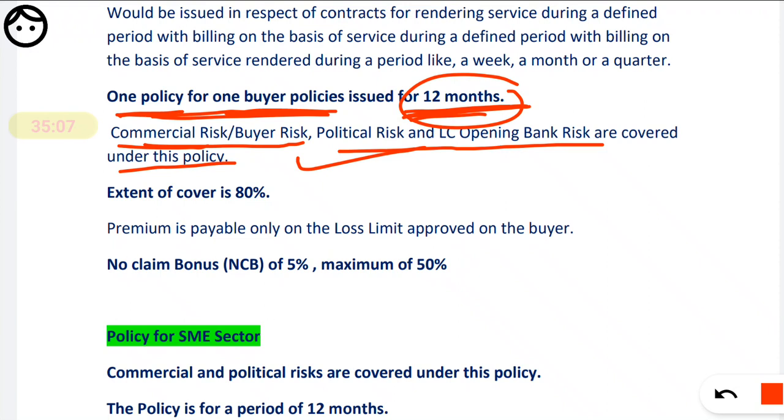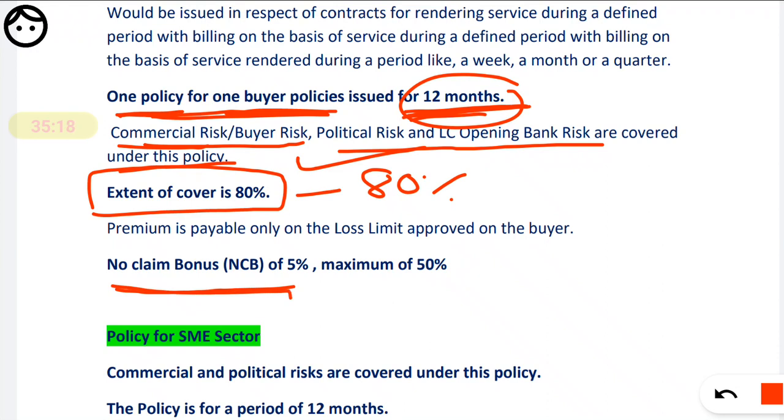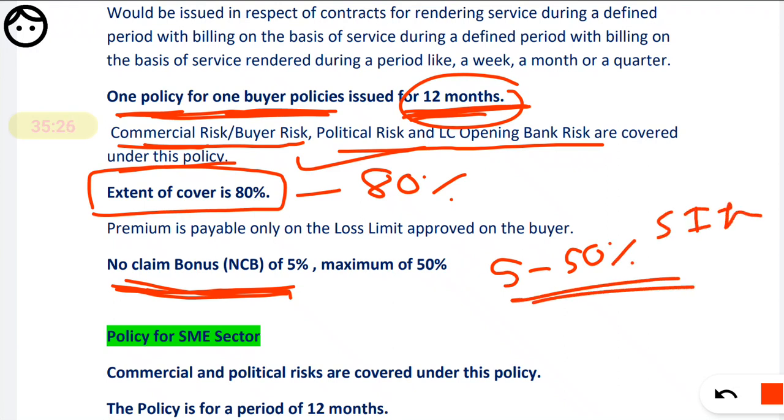The maximum cover is 80%. And if no claim is received for the insurance, there is a bonus called the no claim bonus. It ranges from 5 to 50% in case of SITs. You can remember those keywords.